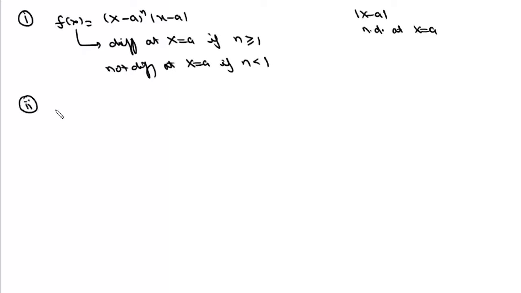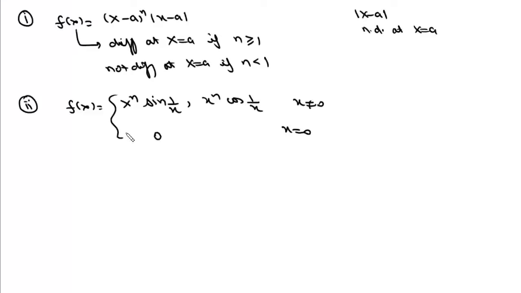In the same way, we can write this function f(x) as either x to the power n sin(1/x) or x to the power n cos(1/x) when x is unequal to 0, and 0 at x equal to 0.